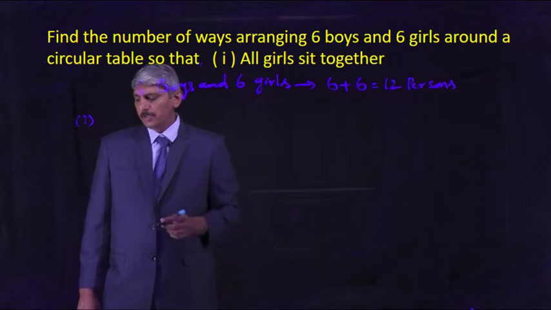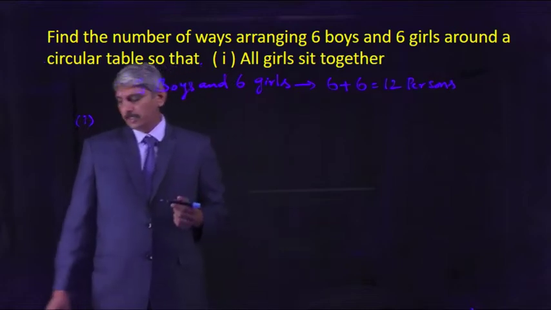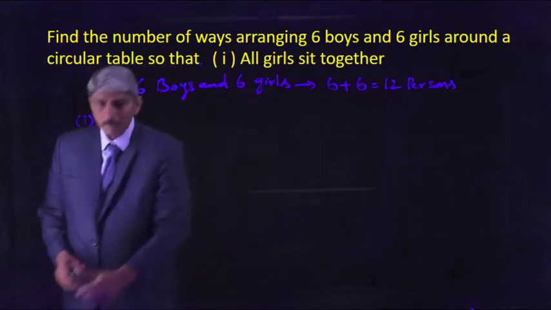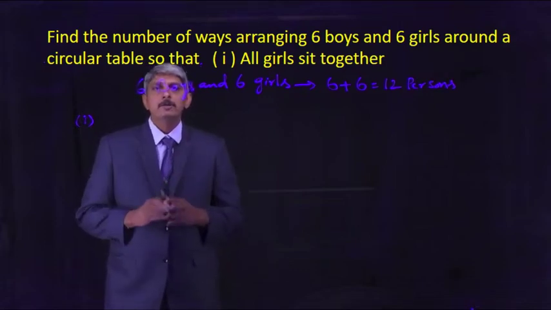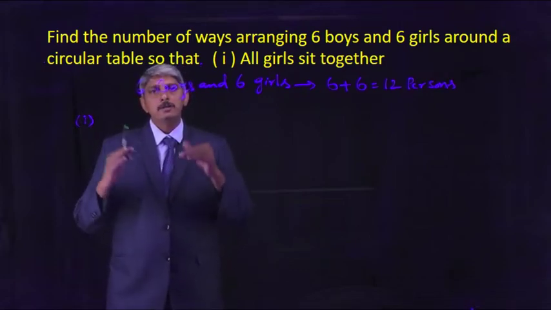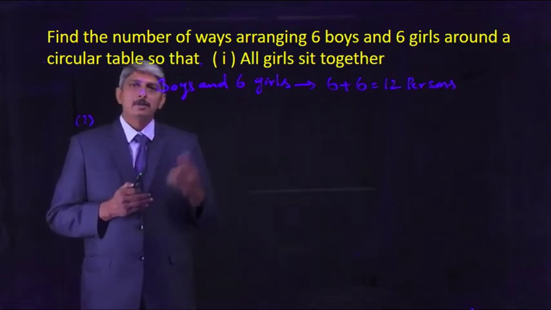Now we have to calculate the first part: all girls sit together. How many ways can all girls sit together, whether in linear permutations or in circular permutations?